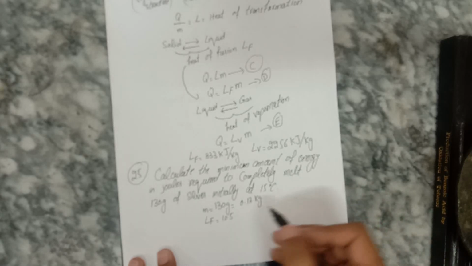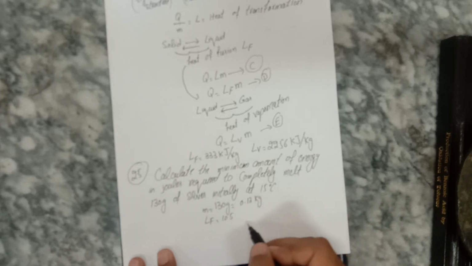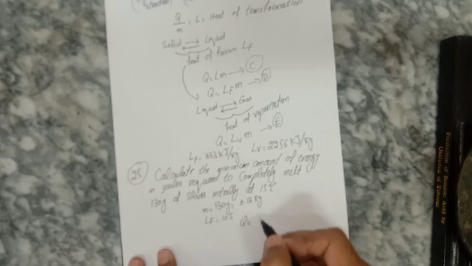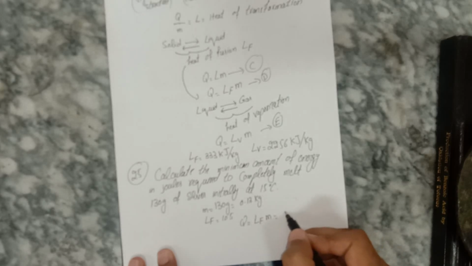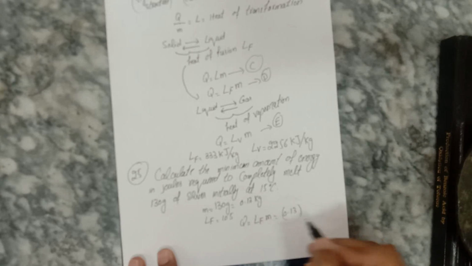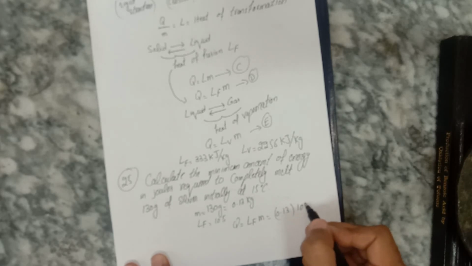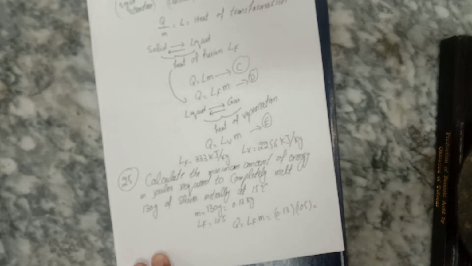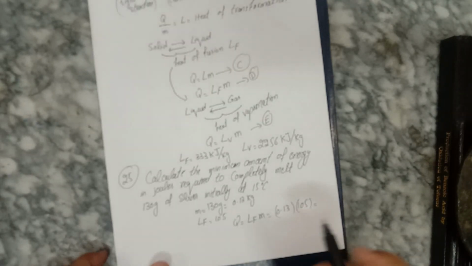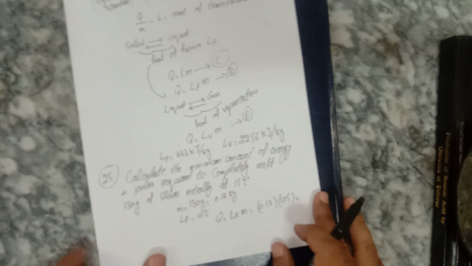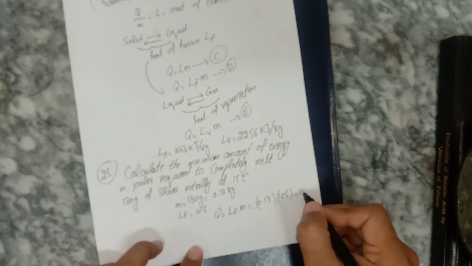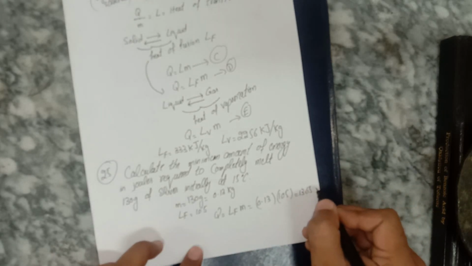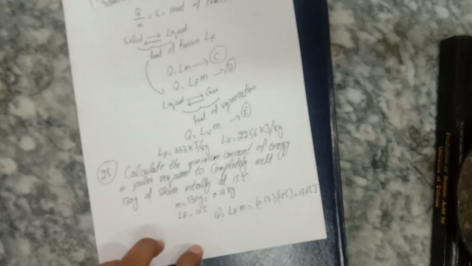So basically I have to calculate the amount of heat energy. Then Q would be the latent heat of fusion times the mass, and 0.13 multiplied by 105 would give me the result 13.65 joule.